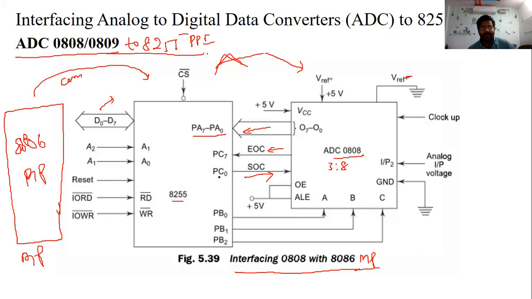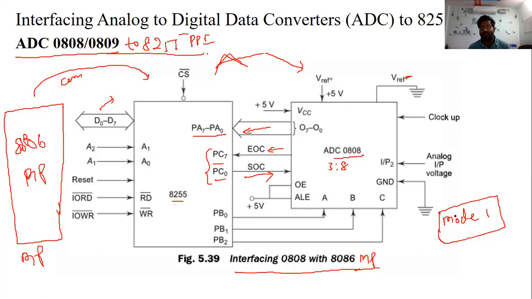So PC0 and PC7 signals are the handshaking signals, the strobe signals. Which mode are we going to connect this one in? Mode 1. We connect this ADC in mode 1, because PC0 to PC7, the port C signals, you can use as handshaking signals or control signals.